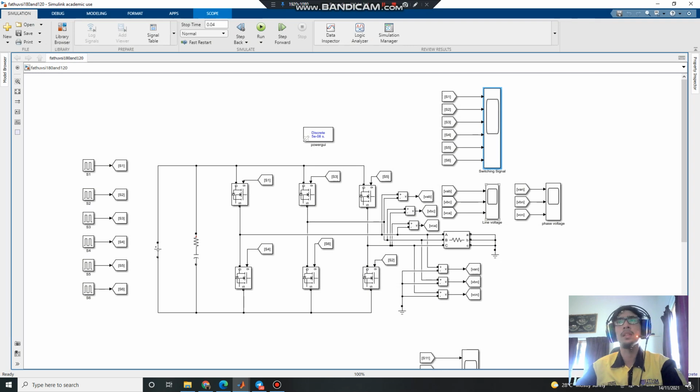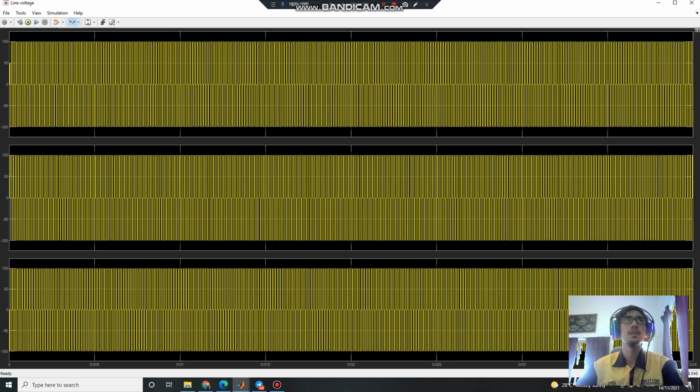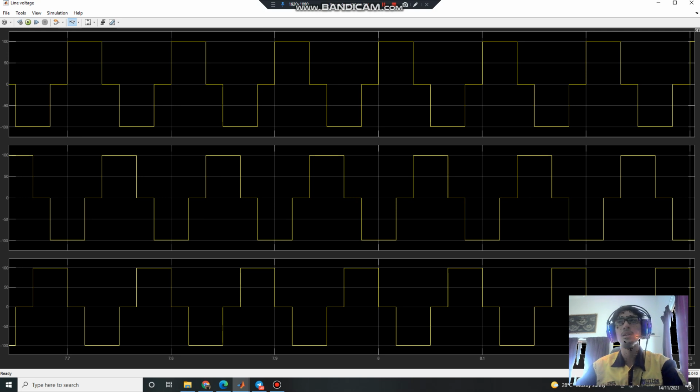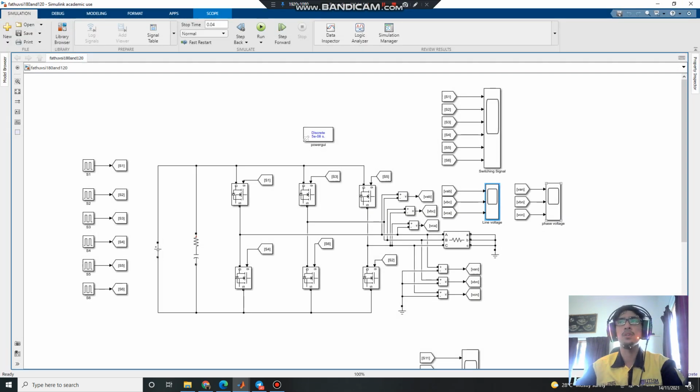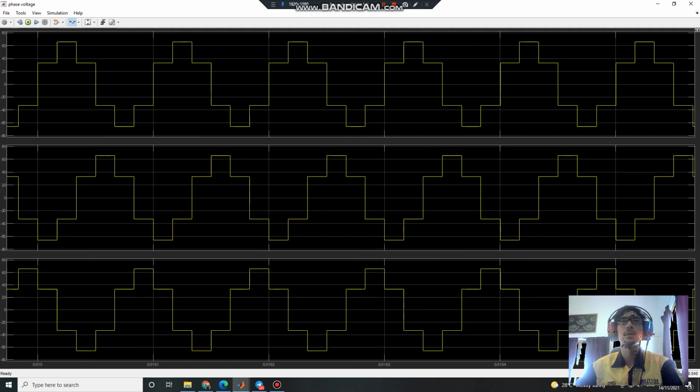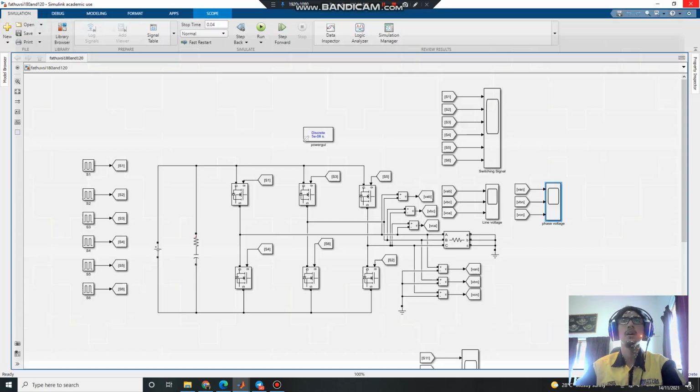Next we show the line to line voltage: the first is VAB, then VBC, and the third is VCA. The next scope is for phase voltage, the waveform for the step phase voltage: VAN, VBN, and VCN, to neutral. That's for the 180 degrees.